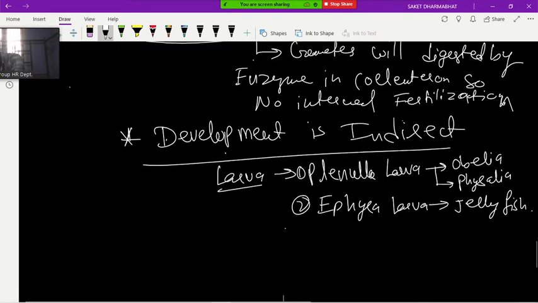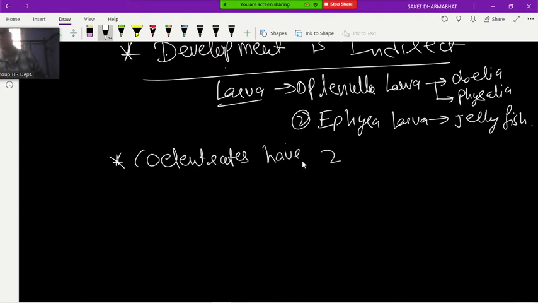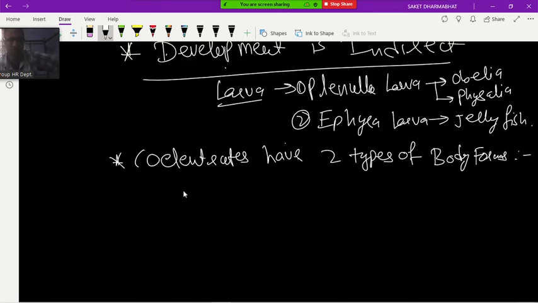Clear up to here? Now, coelenterates have two types of body forms.